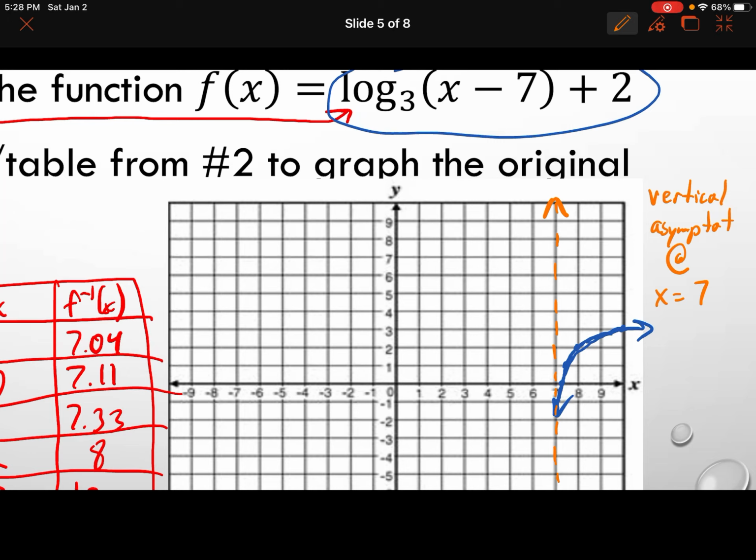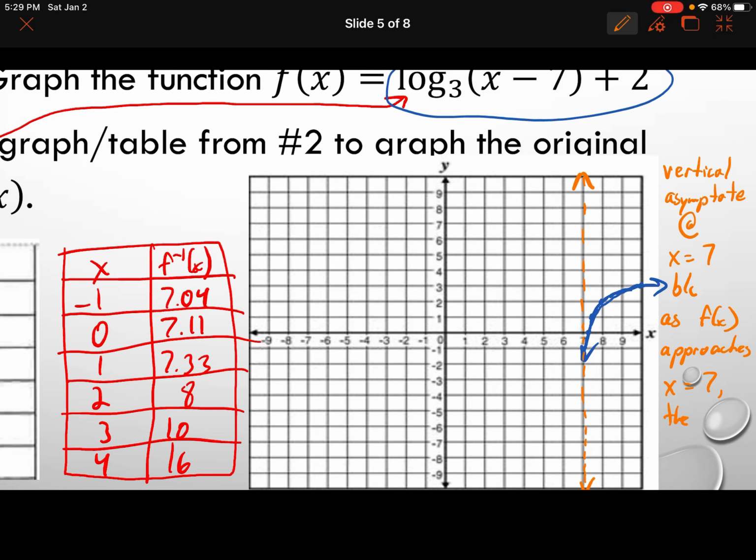Well, this time around, to explain the vertical asymptote, if you notice what's happening is, because as f of x approaches, or gets closer and closer to, however you want to word it, as f of x approaches x equals 7, the graph goes down forever.